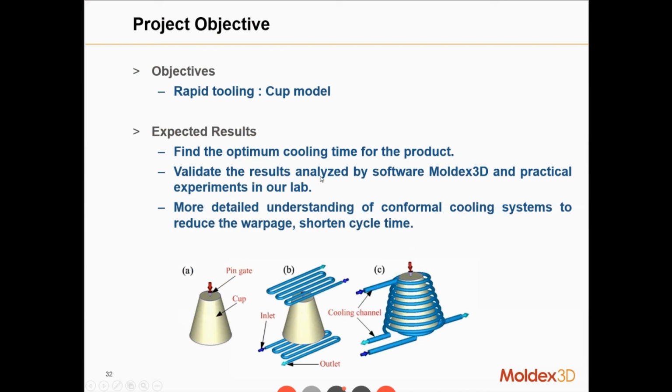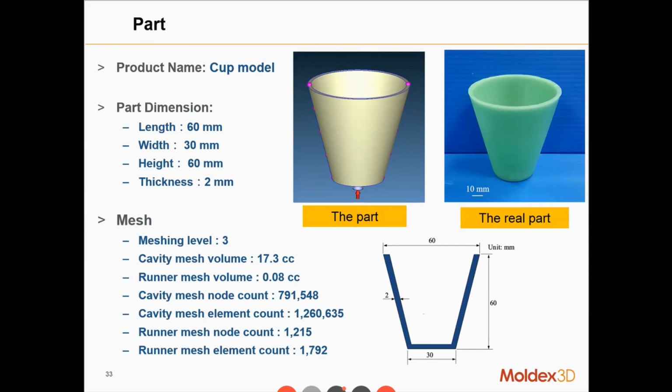They validate the results analyzed by our software Moldex3D against practical experience in their lab, and also aim to better understand conformal cooling systems to reduce warpage and cycle time.